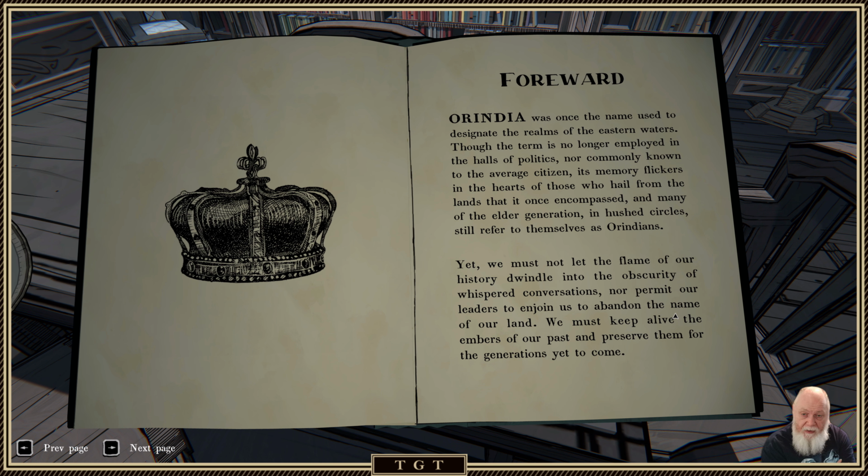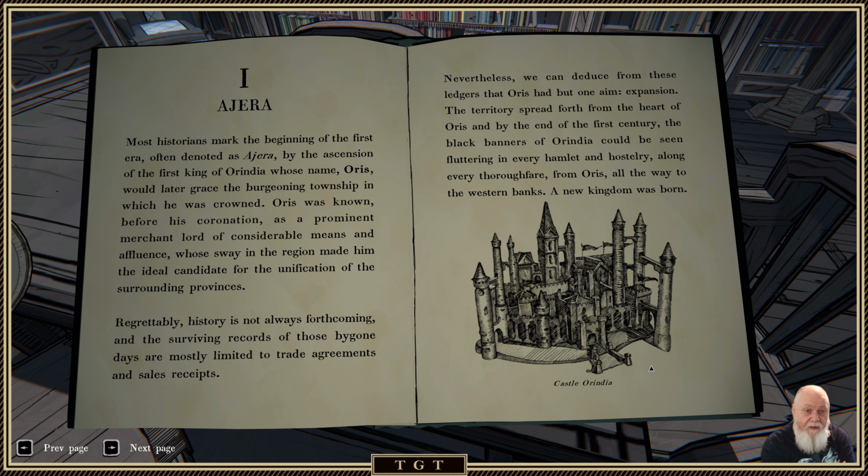1. Ajira. Most historians mark the beginning of the first era, often denoted as Ajira, by the ascension of the first king of Orindia, whose name, Oris, would later grace the burgeoning township in which he was crowned. Oris, I think Oris, probably.